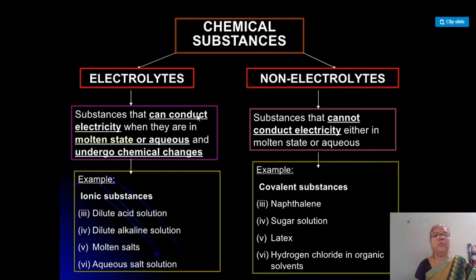As soon as we complete the circuit, the flow of electrons or migration of ions takes place, and it happens in the electrochemical cell.